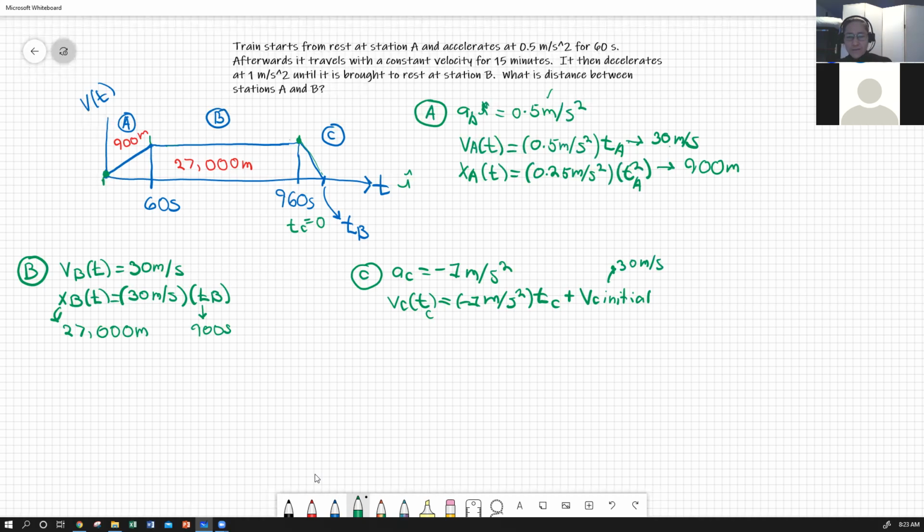So if you think about it, the velocity within region C at any time, we've got this negative sign indicating that we're decelerating, right? Because positive is to the right. So when we were accelerating, we had a positive A. Now we're decelerating, so A is negative.